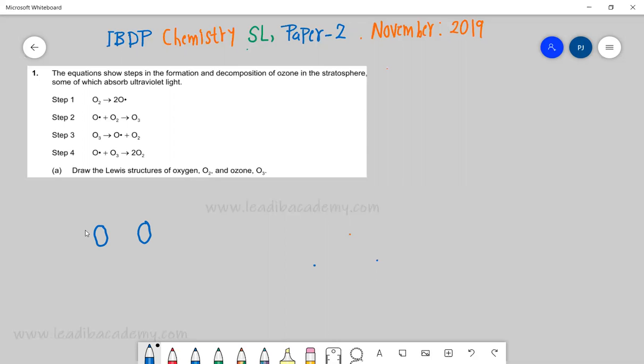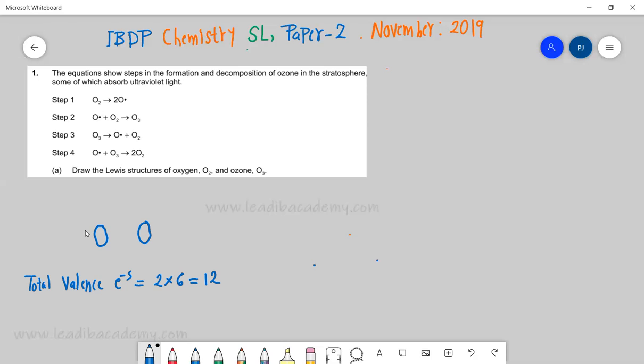First count the total valence electrons. So let's calculate the total valence electrons in 2 oxygen atoms. So that is 2 multiplied by 6 because oxygen contains 6 valence electrons. Valence electrons mean the electrons which are in the outermost orbit or shell, that is 12. Now what we should do?